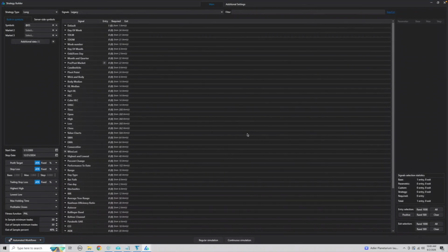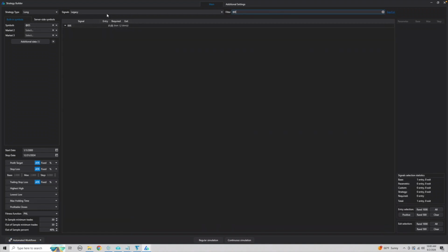Here we are inside of Build Alpha. Let's create our mean reversion strategy. I'm going to search for IBR, so that is the indicator we're looking for. So when the IBR is below or equal to 0.25, we're telling Build Alpha that that's going to be our entry signal and it's required.